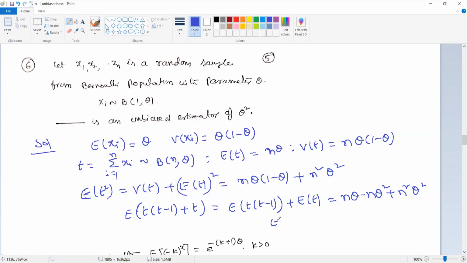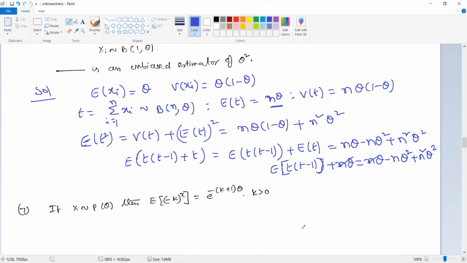Now expectation of T into T minus 1 plus expectation of T is equal to what here? Expectation of T is n theta. So n theta plus expectation of T into T minus 1 is equal to n theta minus n theta square plus n square theta square. Now n theta cancels.